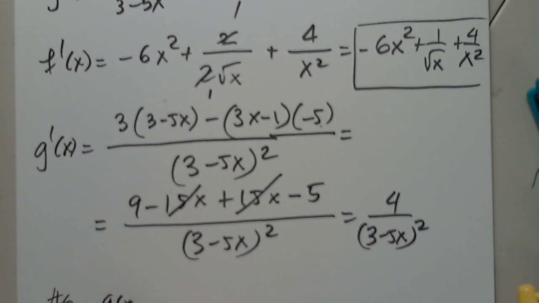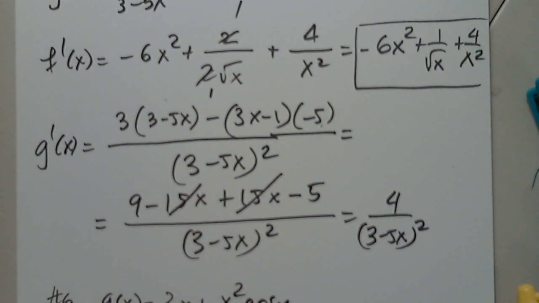So number 6 is g of x equals 3x plus x squared times cosine x. Perfect pick. So now let's take a look.